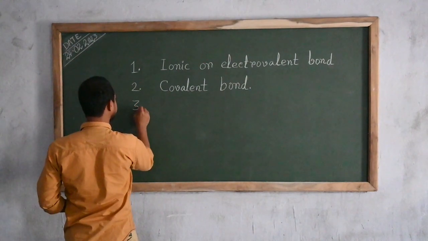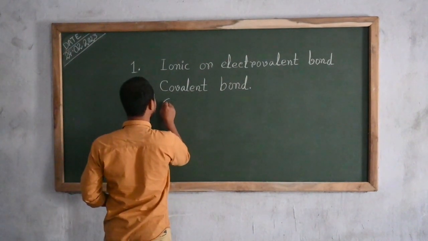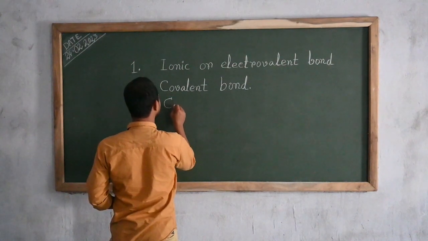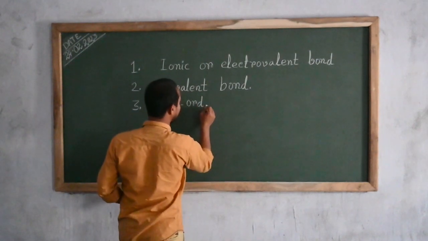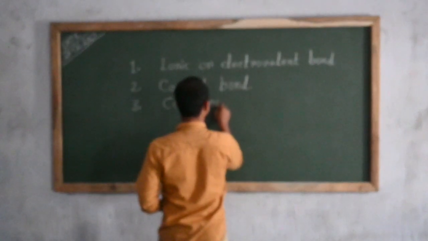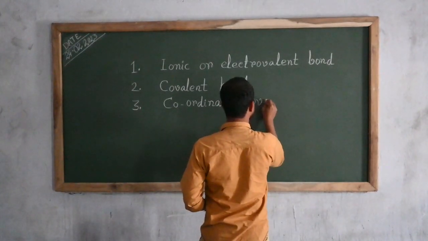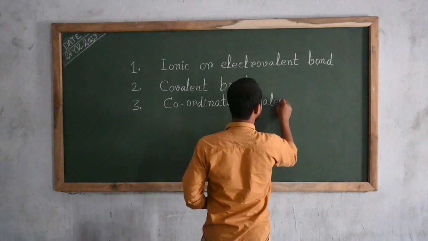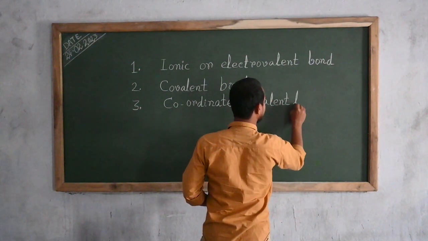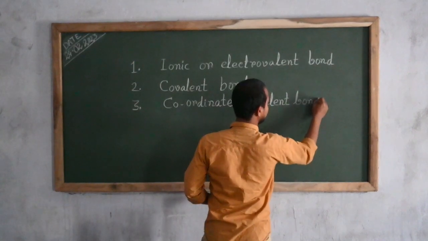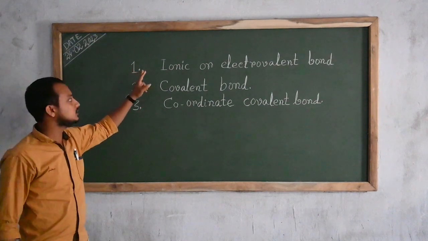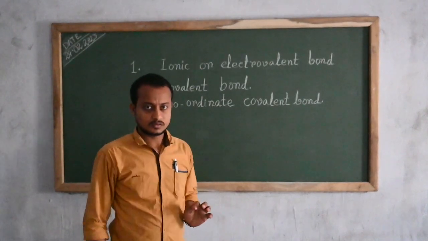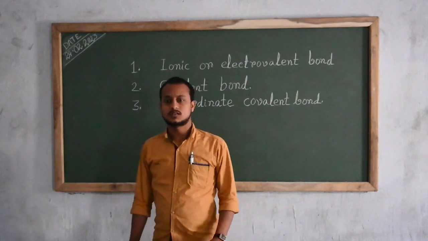And number three, coordinate covalent bond. Basically, these three types of chemical bonds we shall discuss here.